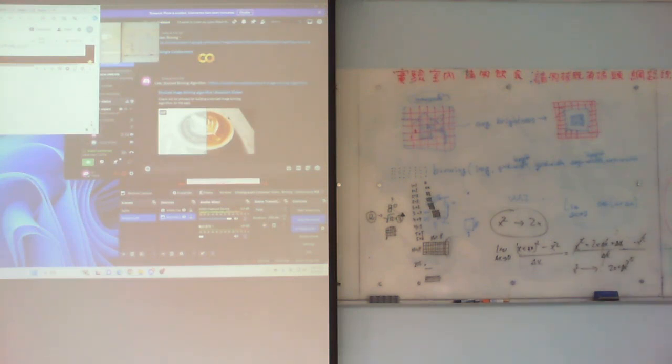So I need to somehow decide what the pattern is. So first let's calculate the number of pixels. How many?